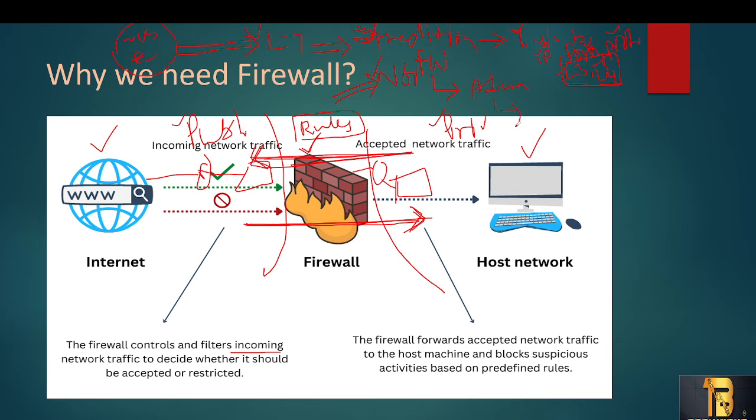It provides deep packet inspection: if something comes to the firewall, where it is coming from and why it is coming. It does a deep inspection of that particular packet, and also verifies whether any threats or antivirus are available on that application or website.